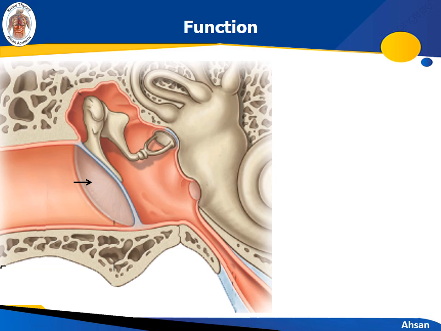The arrow is indicating the sound wave striking the eardrum, meaning the tympanic membrane. So there will be a vibration in the tympanic membrane.